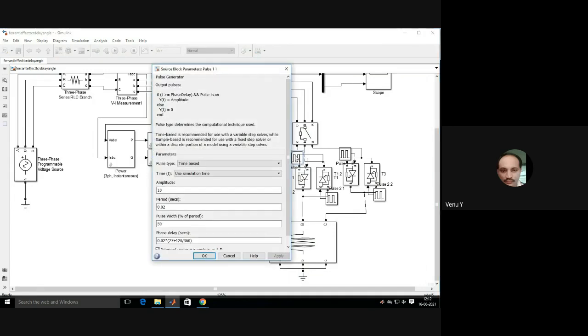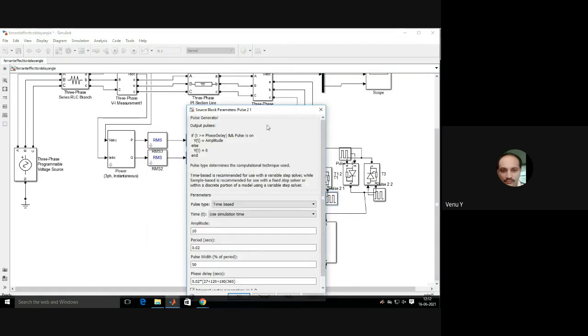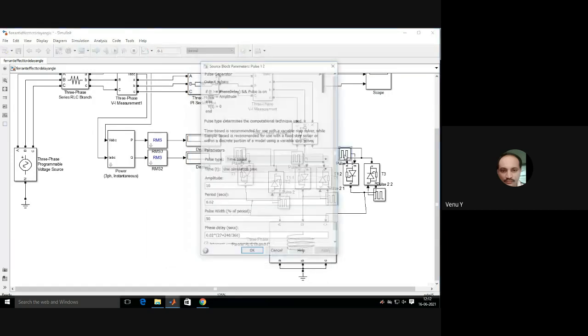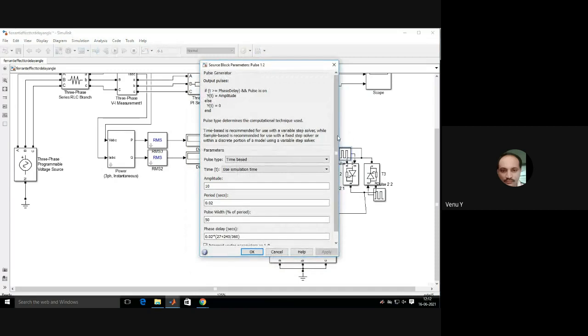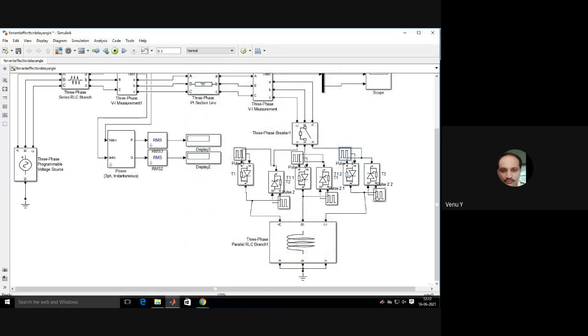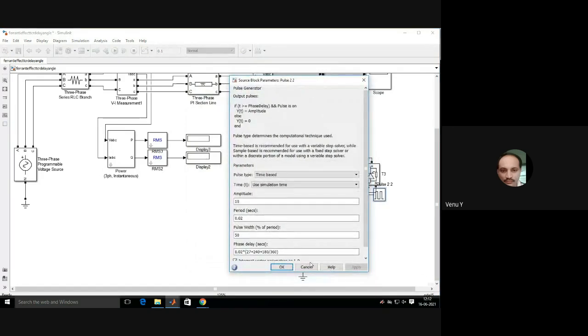For the second phase it is 27 plus 120, and the second thyristor of the second phase is 27 plus 120 plus 180. For the third phase, 27 plus 240. The second one's firing is 27 plus 240 plus 180.